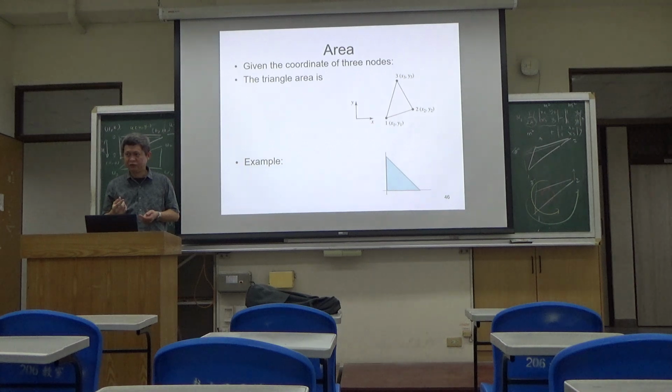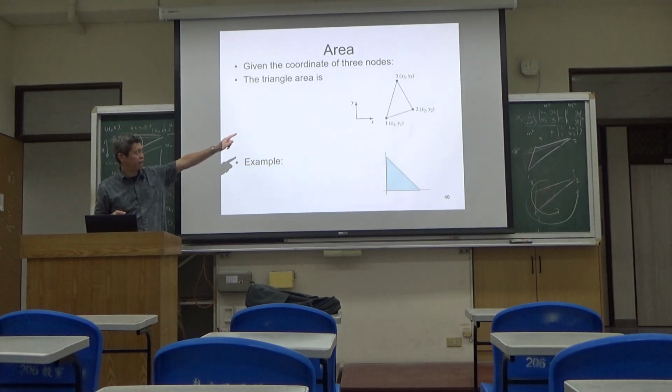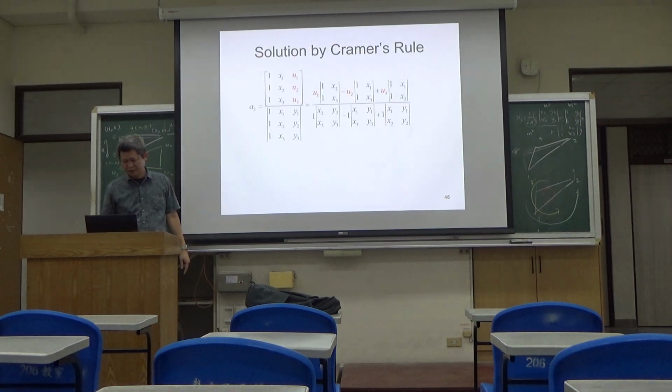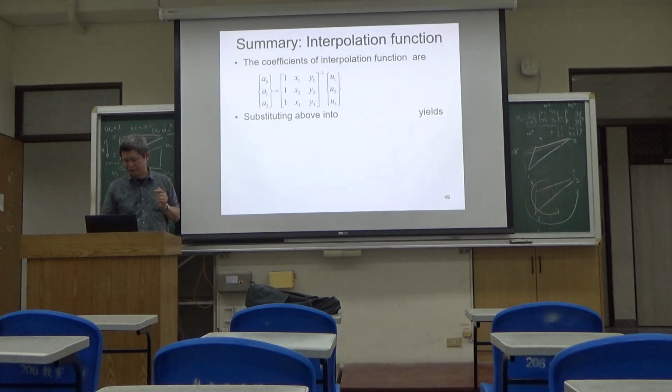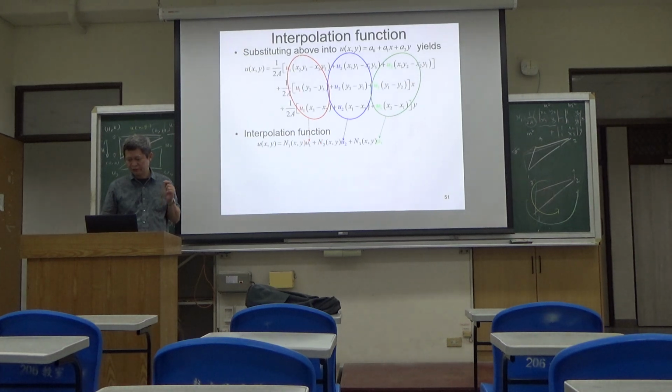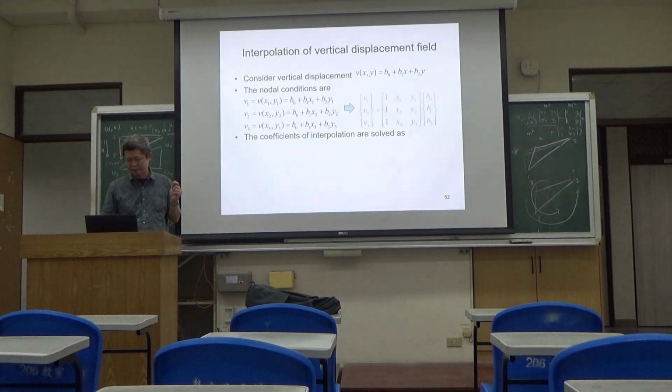So please bear in mind that when you use this formula, you keep the sequence counterclockwise. You cannot do the jumping of the knots. If you do the jumping 1, 3, 2, you are going to have a sign difference. This is the part that you have to bear in mind.